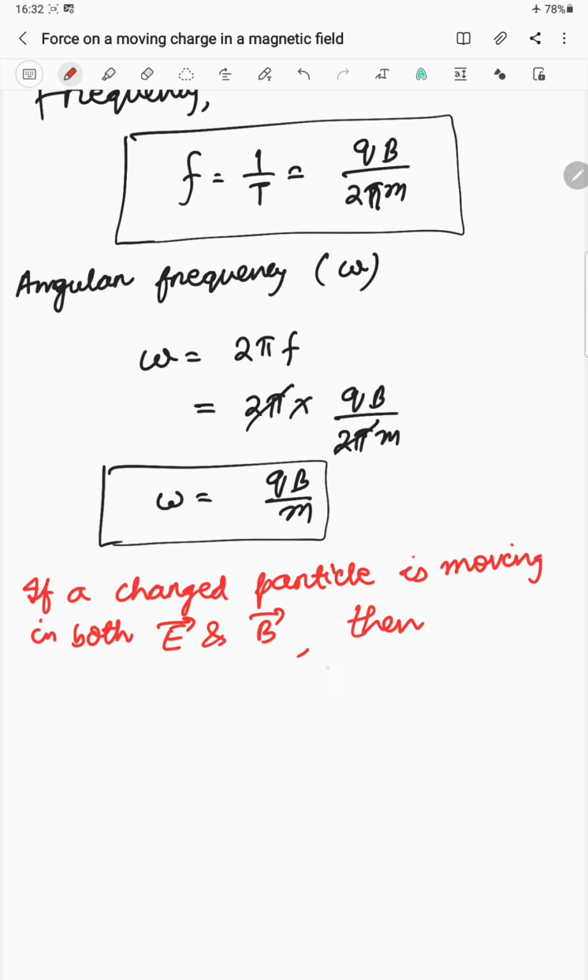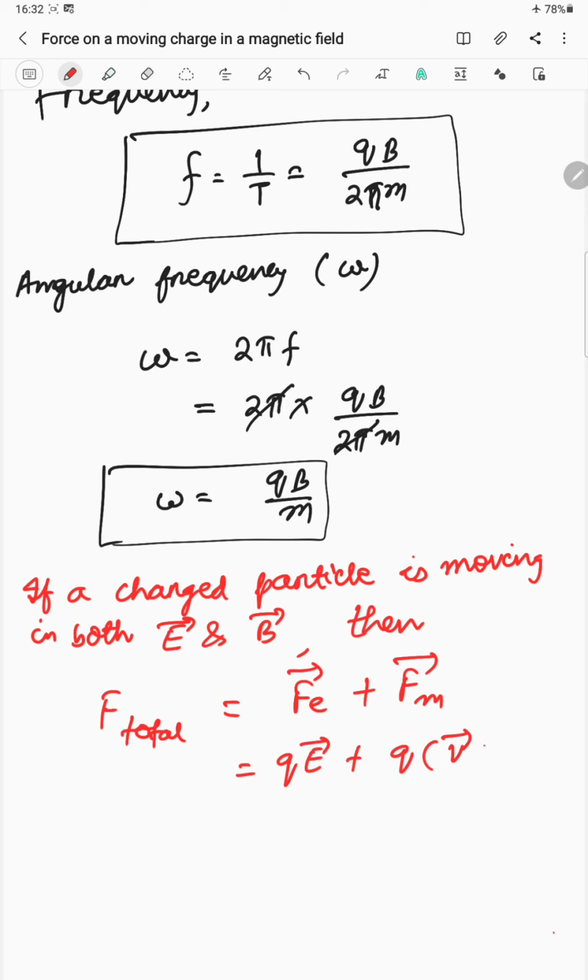Then Lorentz told that the total force will be equal to Fe, the force because of the electric field, plus the force because of the magnetic field. And what is the electric field force? We have studied in chapter number 1, that is qE, where E is the electric field, plus qv cross B.